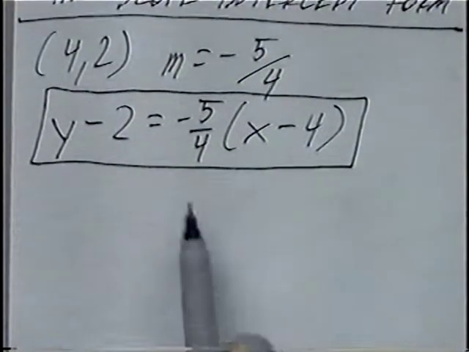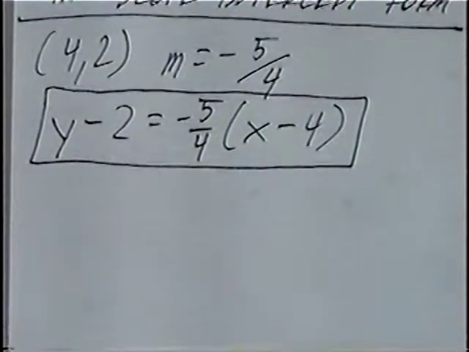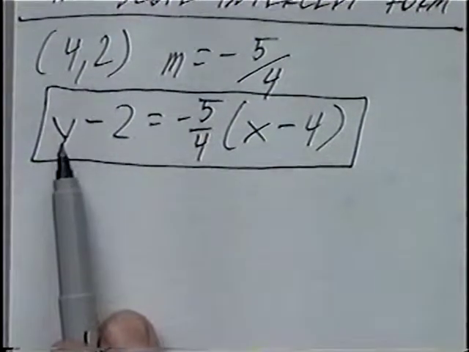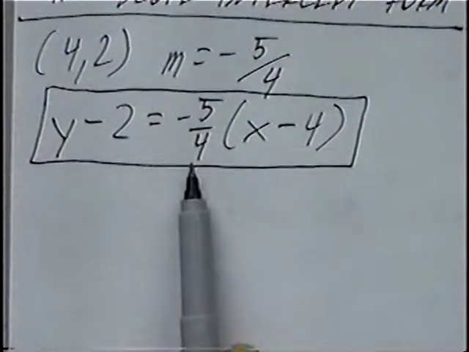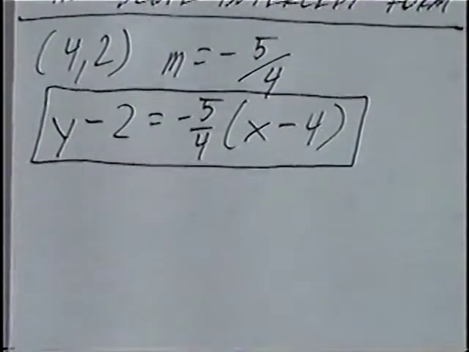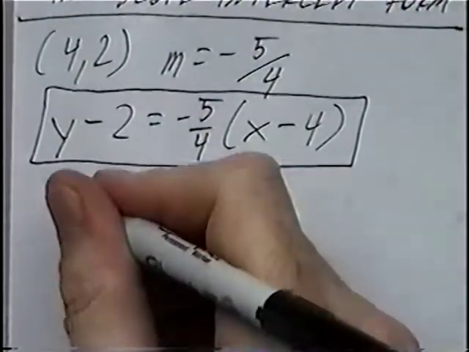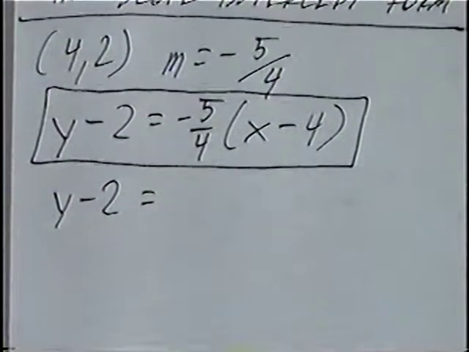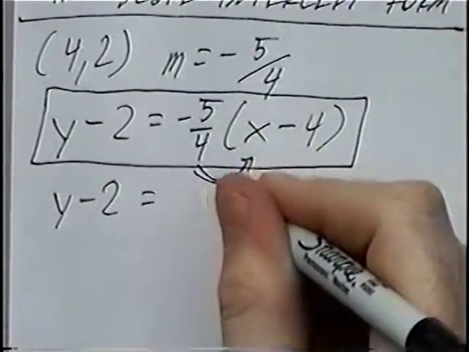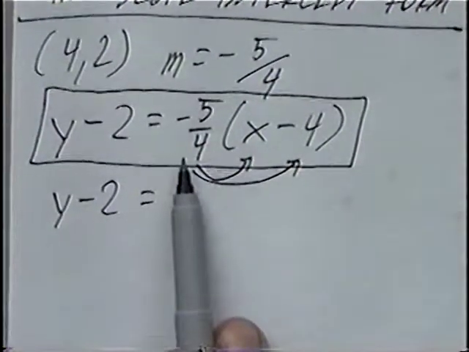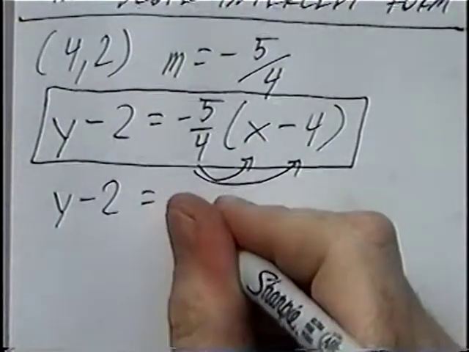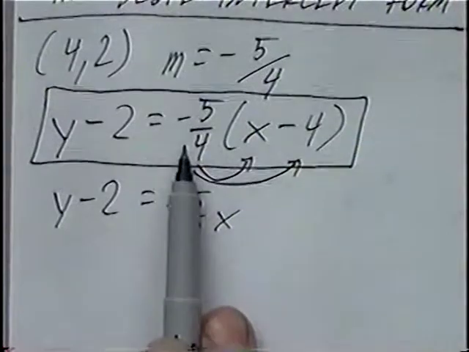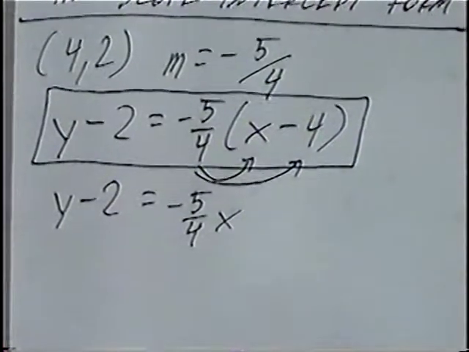And for the second answer, we can take this equation and write it in slope-intercept form. Slope-intercept form is solving for y, getting y by itself, and having mx plus b on the other side. First step, y minus 2, we can leave the same. And on the right side, we can distribute. -5/4 times x would be -5/4x, and -5/4 times a -4.